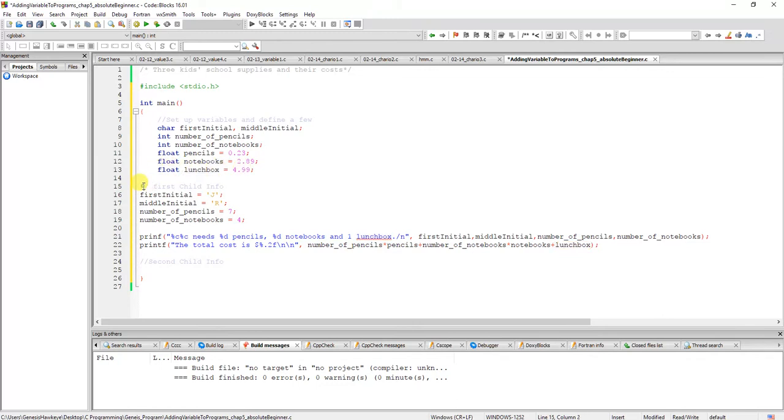Now I typed in the first child's info, and I took the variables first initial and middle initial and put them here.